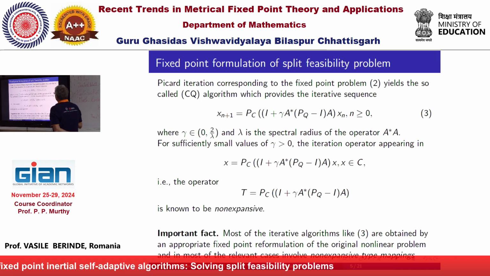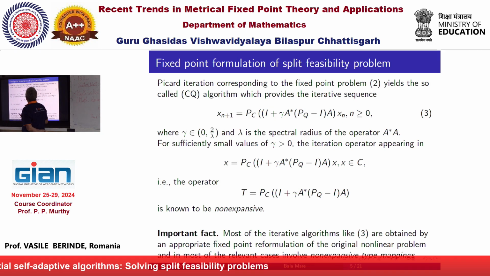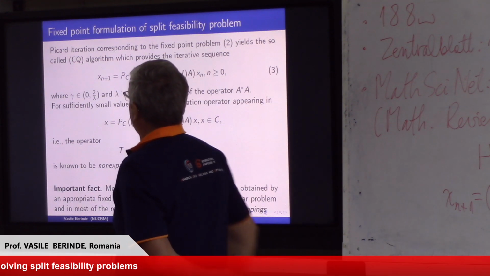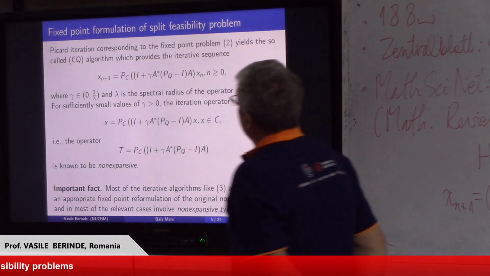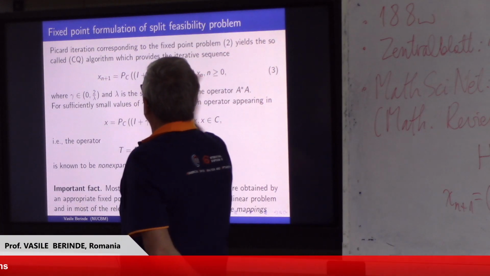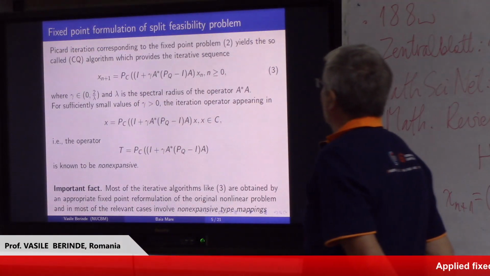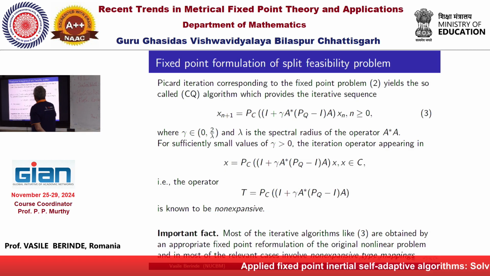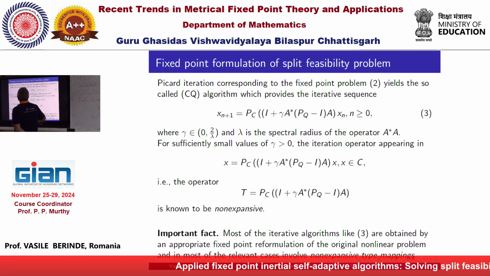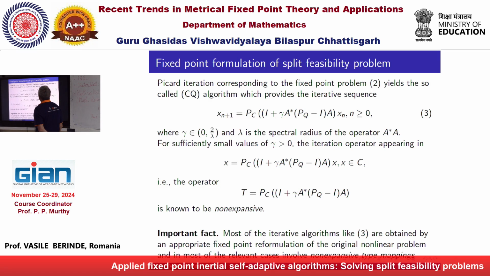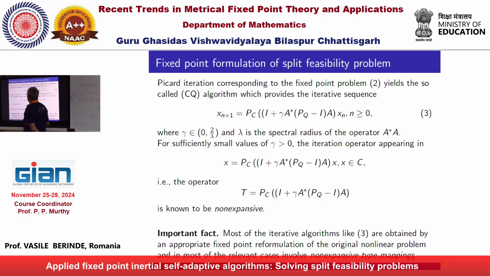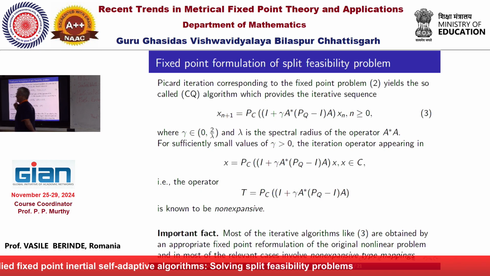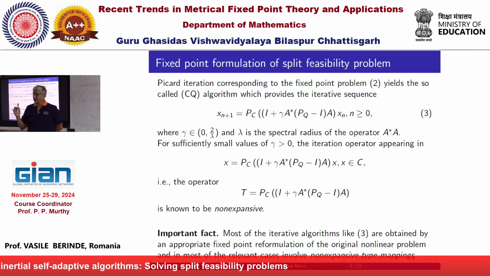It is known that if we have some restriction on this parameter gamma, which is in this set, where lambda is the spectral radius of the operator A star times A, then for sufficiently small values of gamma this operator is non-expansive. This is the key.